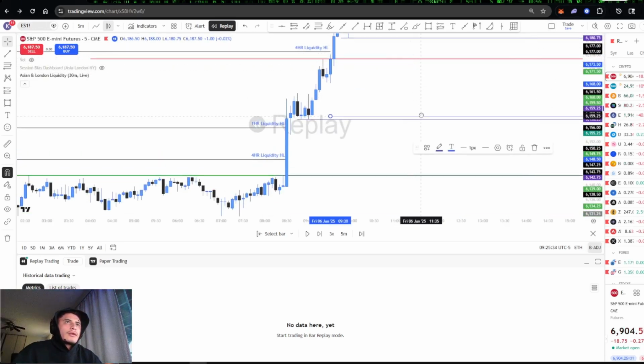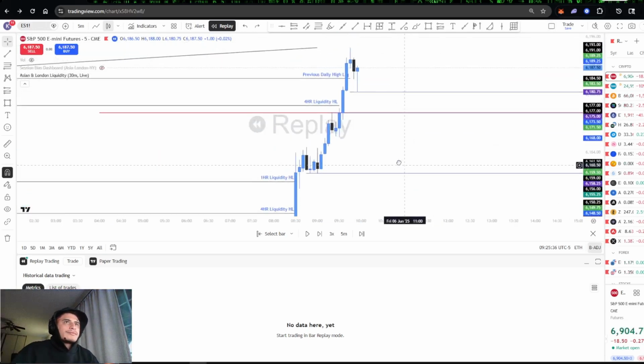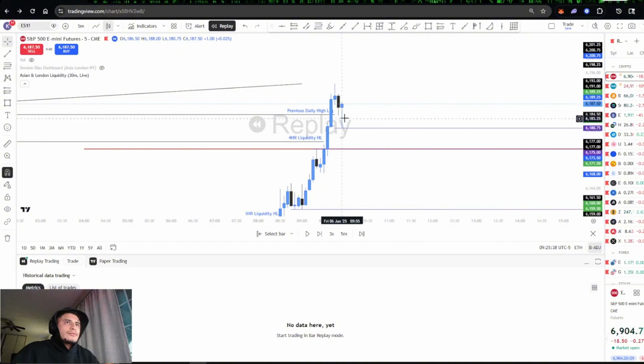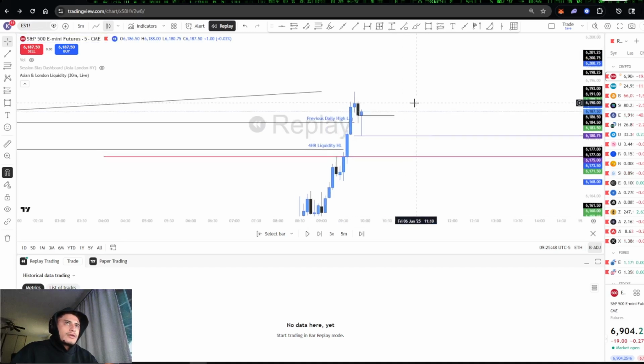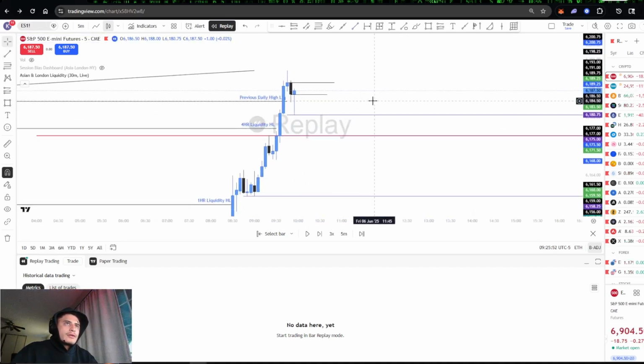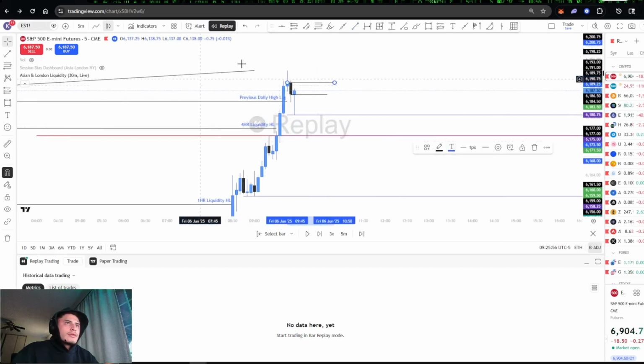Since we brought that 5-minute into that gap, see if we can break structure. So you can break structure into it, or we can break structure to the upside. Either which, both could be perfect.